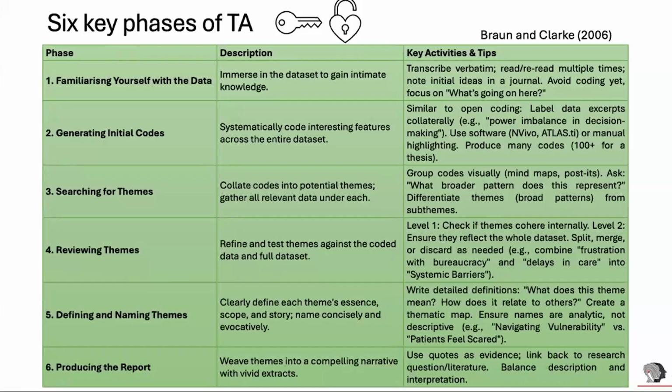And this would be informed by the multiple data points or data codes that you would have collated together as you started your data analysis. So it's very important that this naming or defining of themes is very analytic. So in this case, navigating vulnerability has that interpretative point, because now one will start to ask, okay, so who was vulnerable?